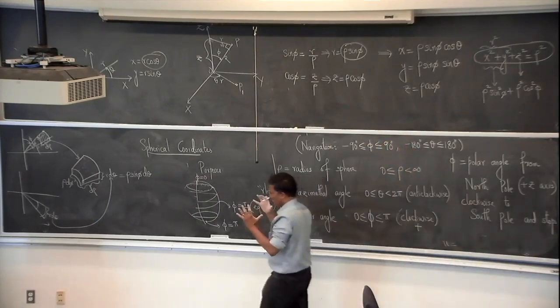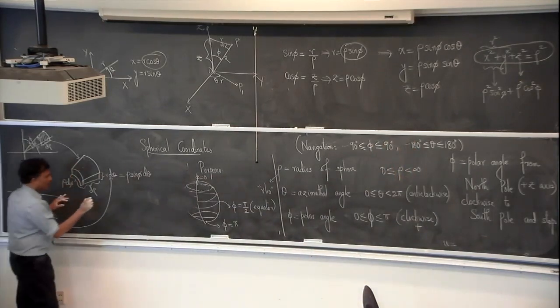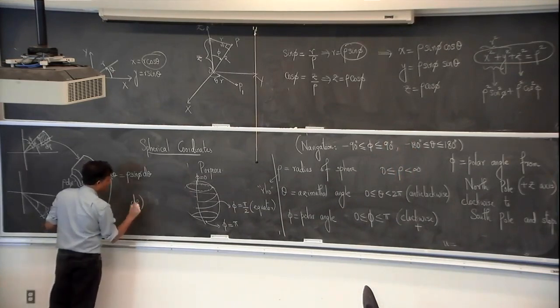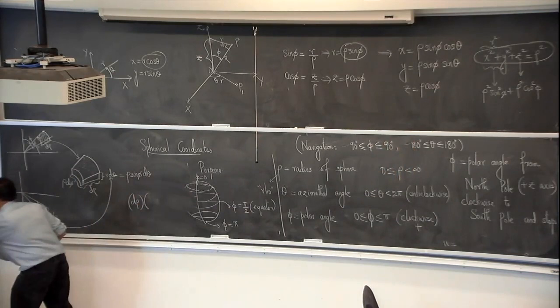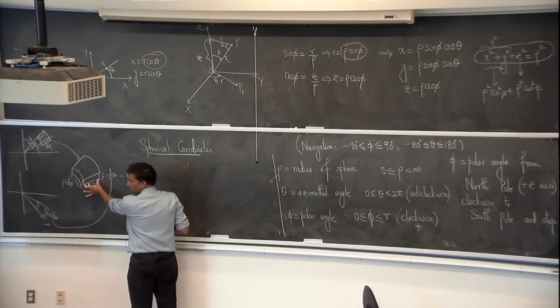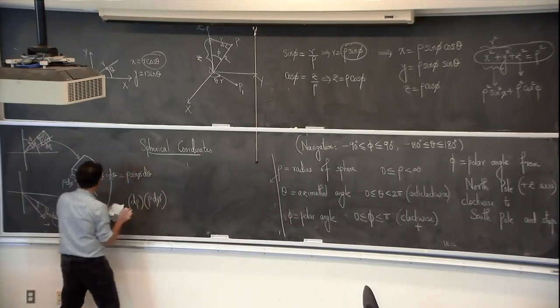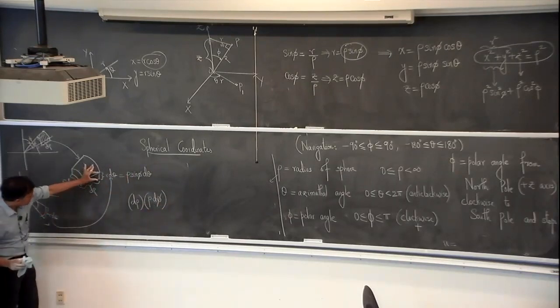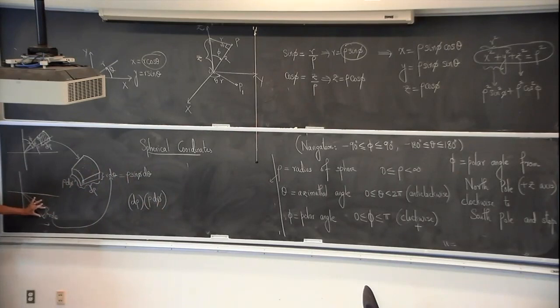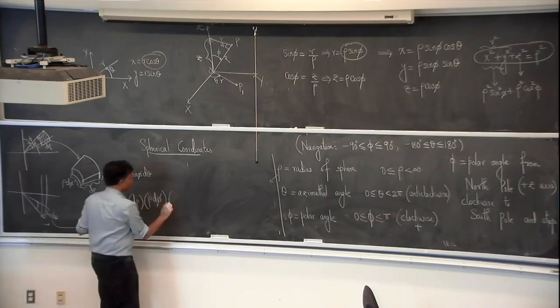So the three length components that make up this curved volume are d rho, so d rho is this length, okay, times rho d phi, which is this arc length, times this height, which is actually the projected length of this arc length up there. Okay, you're just projecting it into 3D and forming this height here. And that's going to be rho sine phi d theta.